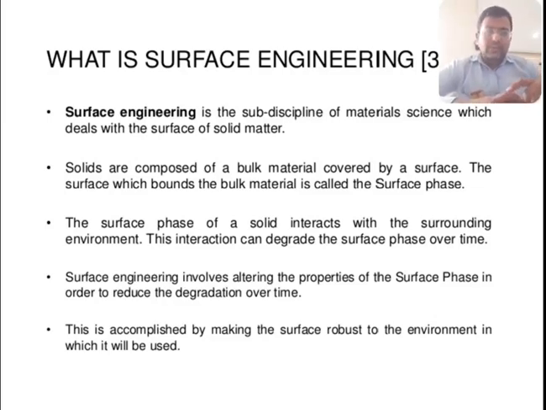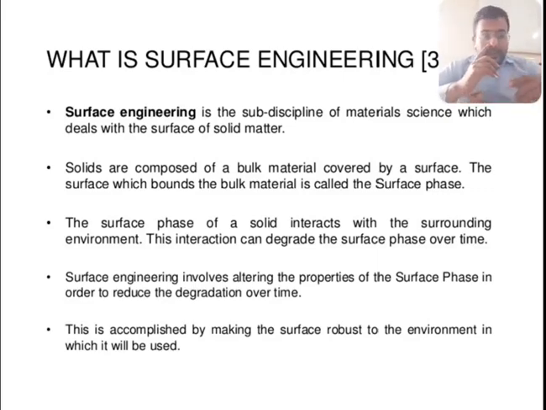The surface phase of a solid interacts with the surrounding environment. The interaction can degrade the surface phase over time, right? Every surface or phase of the workpiece interacts with the surrounding environment.